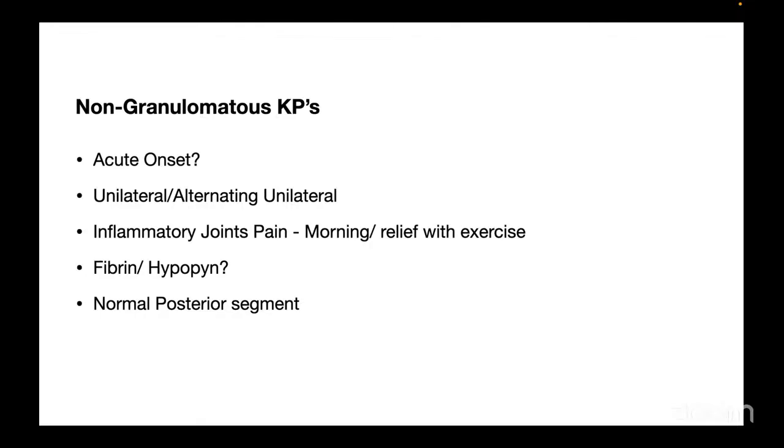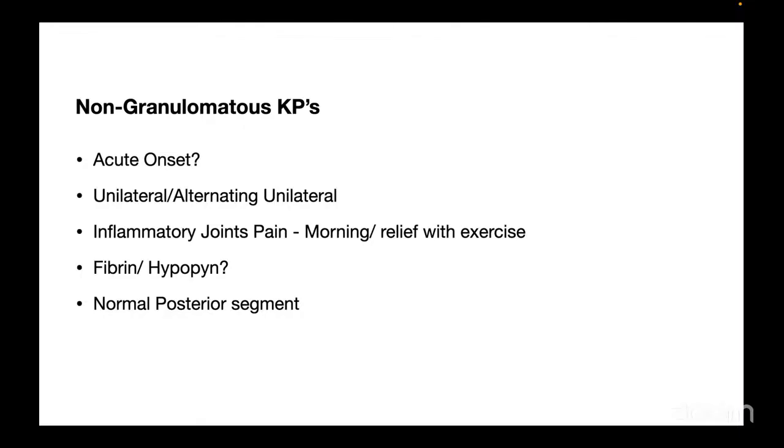Tell me what signs and symptoms of anterior uveitis you are looking for. Circumciliary congestion, sir. Photophobia, anterior chamber reaction, cells and flare, and pain, sir. There is a miotic pupil.